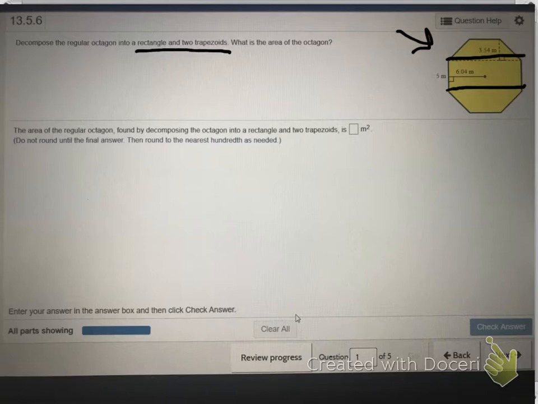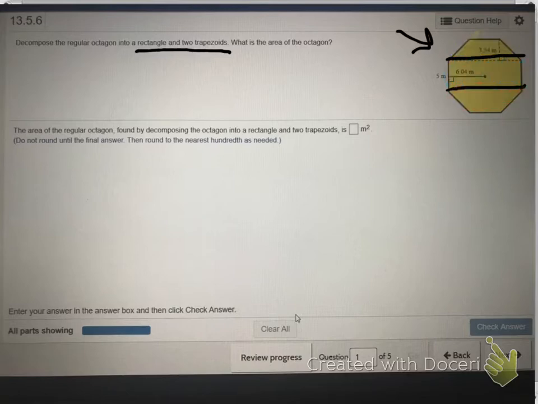Now I have this trapezoid right here, and then I have this trapezoid right here, and I have this rectangle right here. Hopefully you can see that. So I have 2 trapezoids and a rectangle. I think I misspoke. The yellow is a trapezoid, the red is a trapezoid, and the blue is a rectangle.